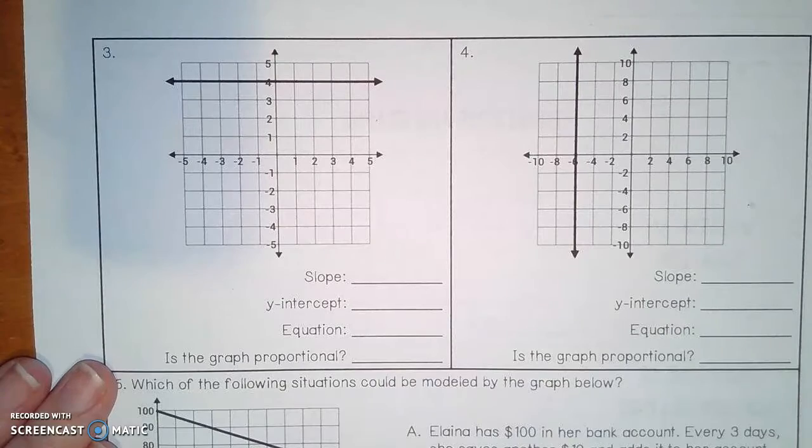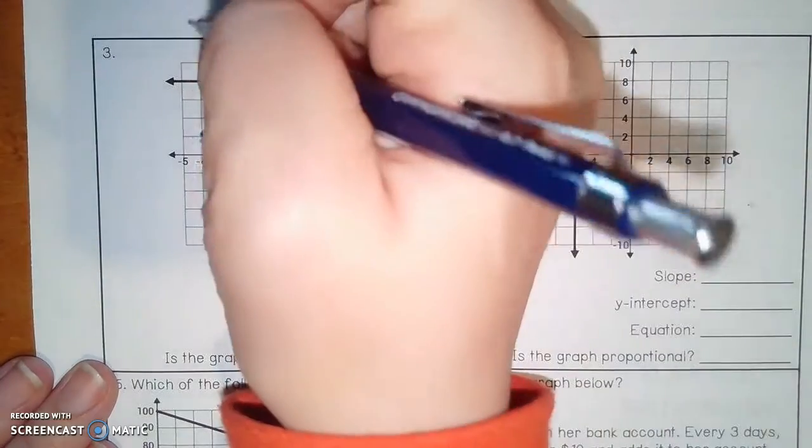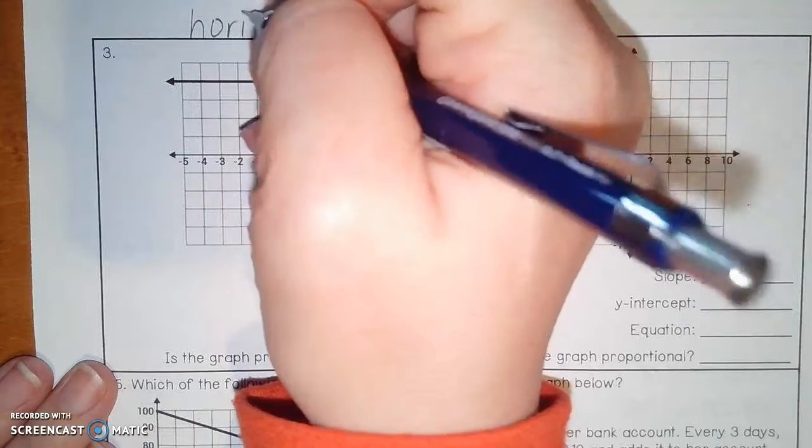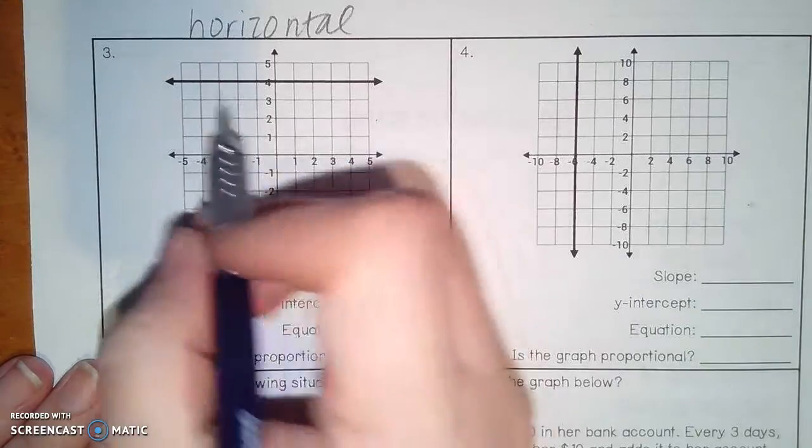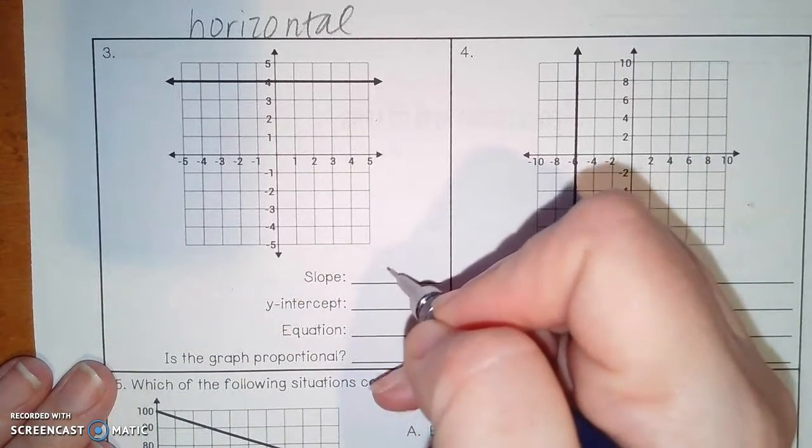All right, so let's look at number 3, and this is on our second page. Right now I have a graph, and this line on this graph is horizontal. If we go back to our notes, we know that the minute we have a horizontal line, our slope is 0.